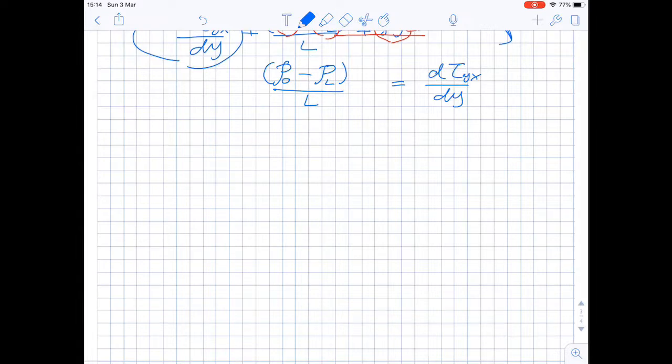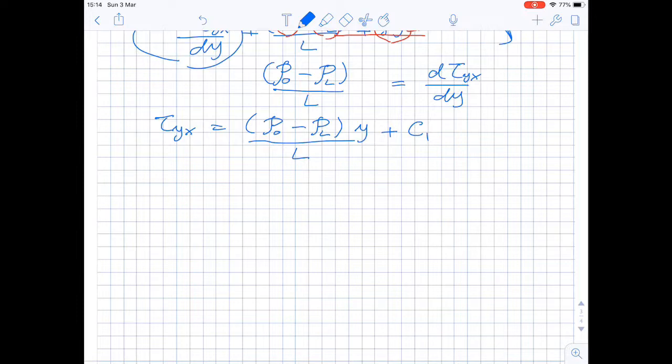By integration, the right hand side, you can write it first. After integration, you have tau yx equal to modified pressure 0 minus modified pressure L over L times y, if you integrate it by y, added by integration constant C1.